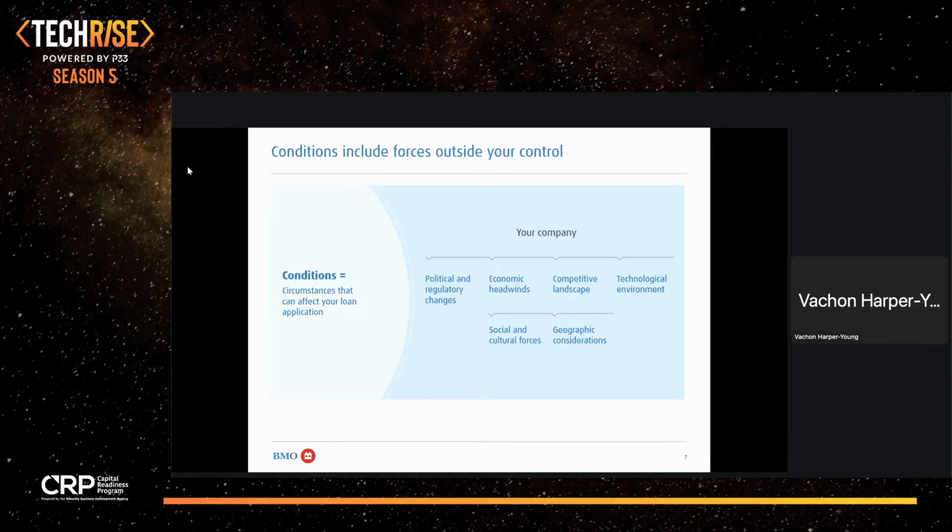The first one is political and regulatory changes. These are things that happen. Let's say, for instance, what's happening today with the tariffs. That's political. The tariffs and how they may impact your business.